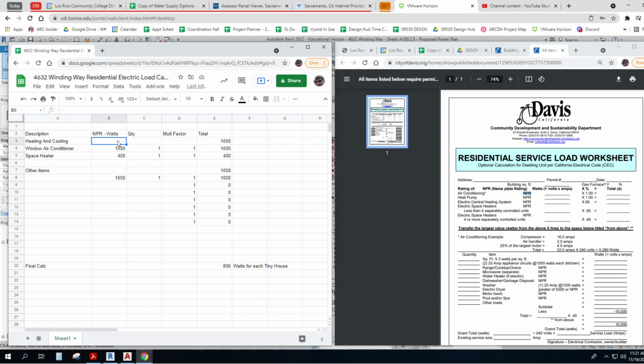So I'm going to put down nameplate rating as maybe 4,000. I'm going to have one of those. And I look over here, my multiplication factor, that's this thing right here, is 1. And so this is going to equal my nameplate rating times my quantity times my multiplication factor.